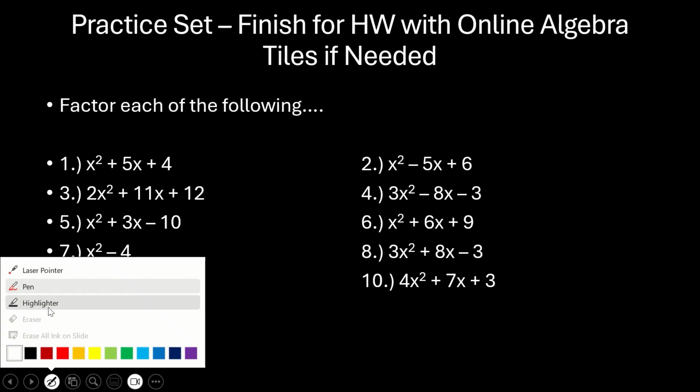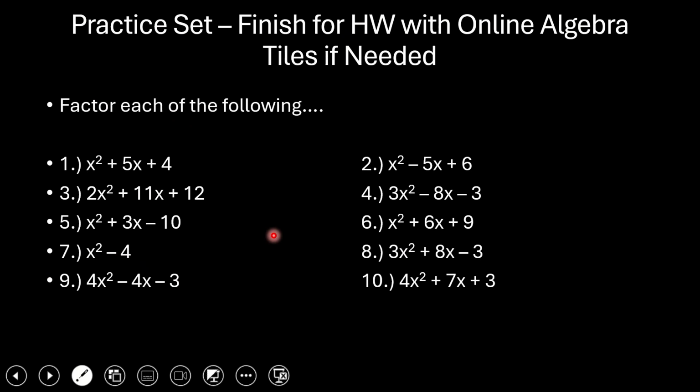Okay, so we are going to start out with some that are very, very basic. And then we're going to move towards ones that have some bigger numbers in them. When you get the negatives at the end, that is likely when you need to start importing those zero pairs. Okay. Notice this one.